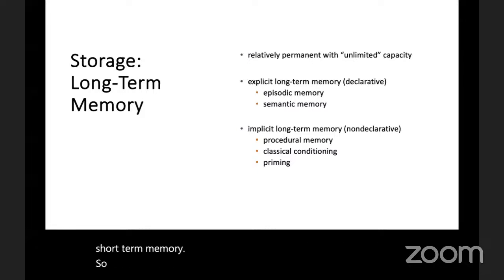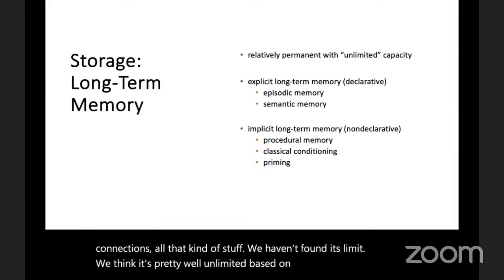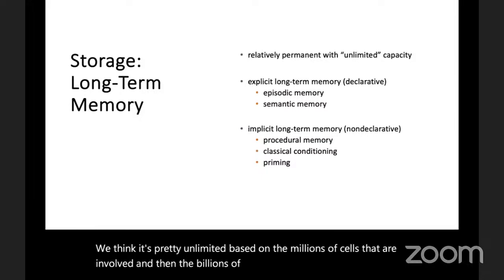So far, we found that the long-term memory, based on neural connections, all that kind of stuff, we haven't found its limit. We think it's pretty well unlimited based on the millions of cells that are involved and then the billions of connections that are possible.